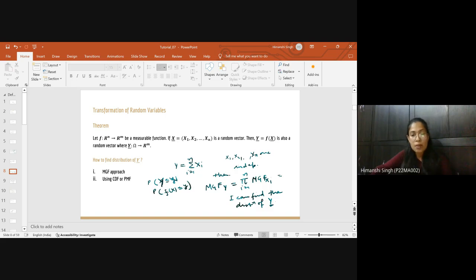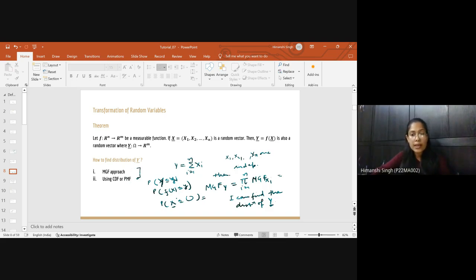Then by some manipulation of the transformation, I can write it in the form x less than or equal to something, and because I know the density of x, I can find it. So this is the CDF approach, and there is also a PMF approach. These are the approaches by which we can find the distribution of y. However, one approach may not always be useful. Sometimes we use one approach, sometimes another.